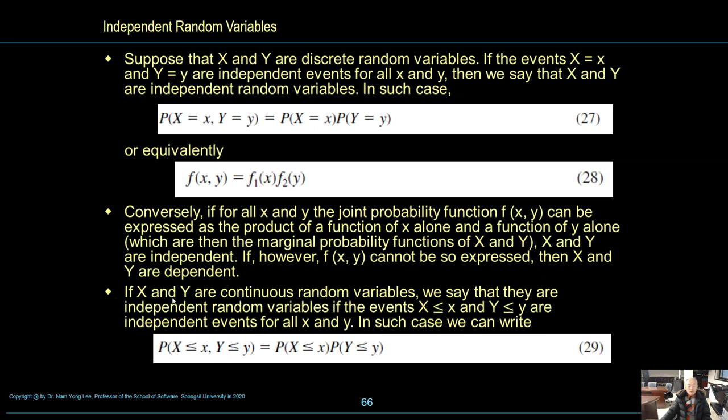If X and Y are continuous random variables, we say that they are independent random variables if the events X ≤ x and Y ≤ y are independent events for all x and y. In such case, we can write the probability of X ≤ x and Y ≤ y is equal to the probability of X ≤ x multiplied by the probability of Y ≤ y.